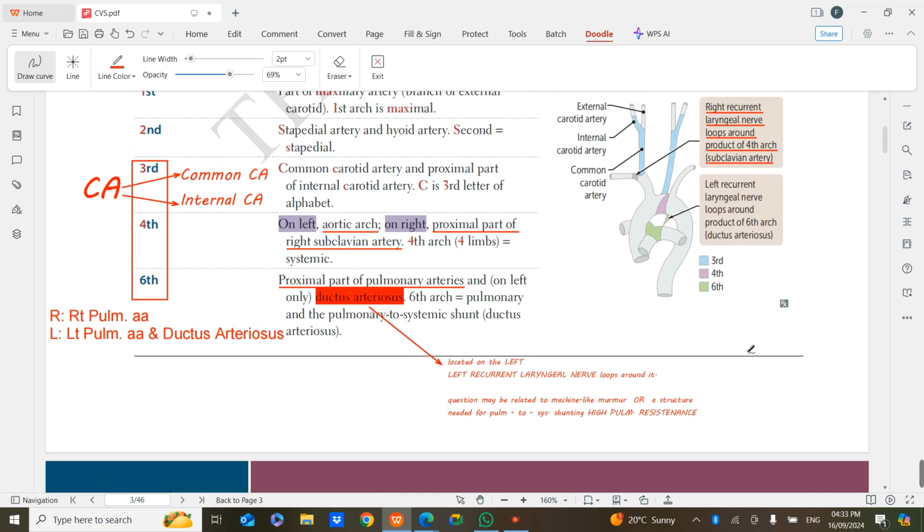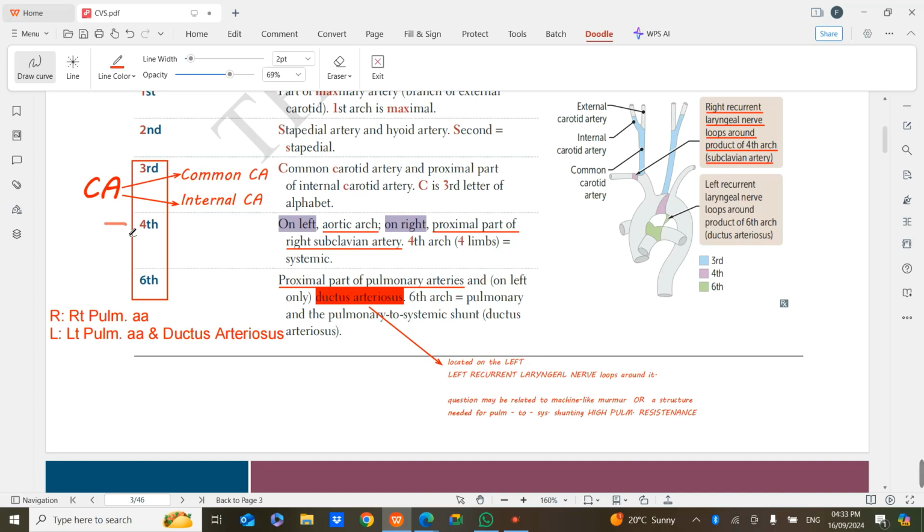What about the right recurrent laryngeal nerve? The right recurrent laryngeal nerve is related to the subclavian artery, so that one will be related to the fourth arch. If I ask all of us, with what frequency have you heard about the right recurrent laryngeal nerve and the left recurrent laryngeal nerve in medical practice?